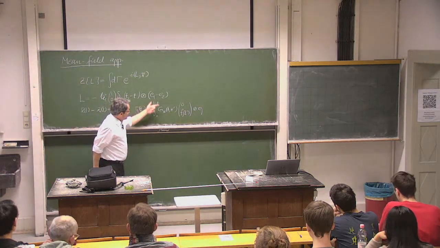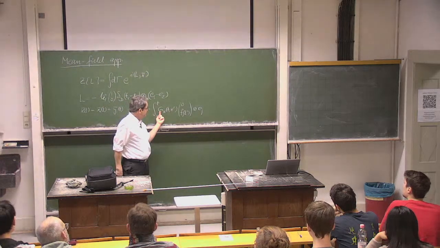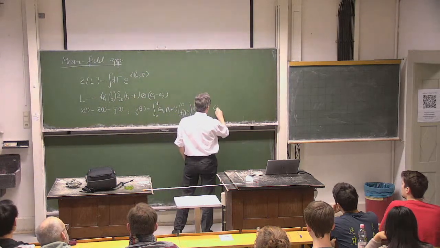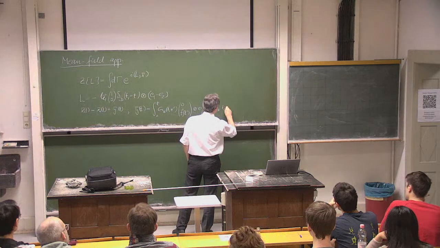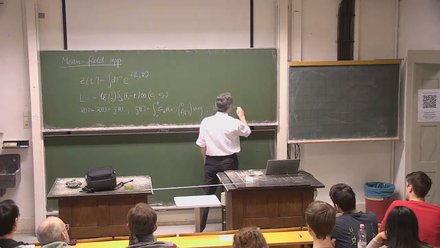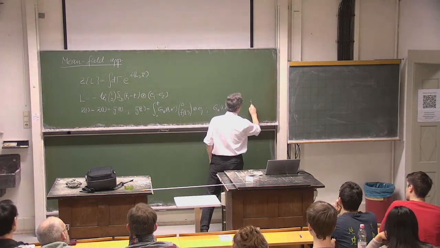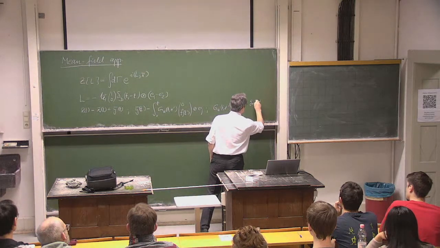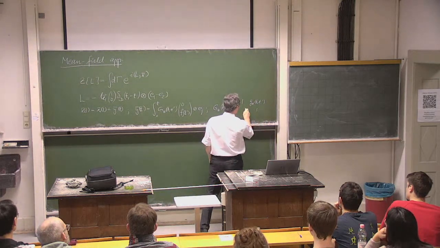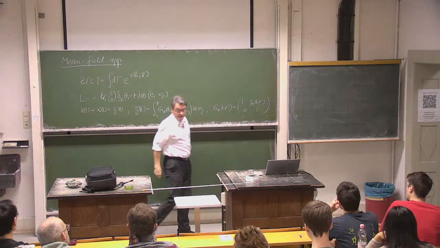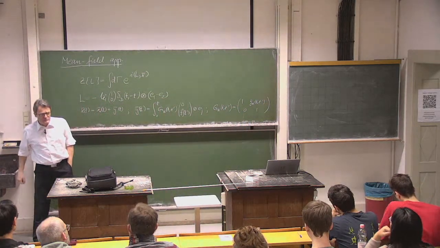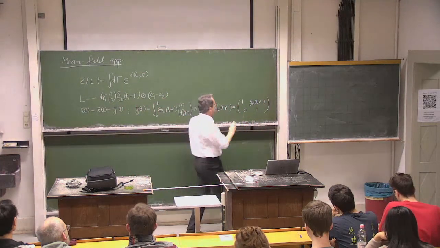All right, now we combine these two. Remember the Hamiltonian propagator looks like this. One, small g, and small g. You remember?